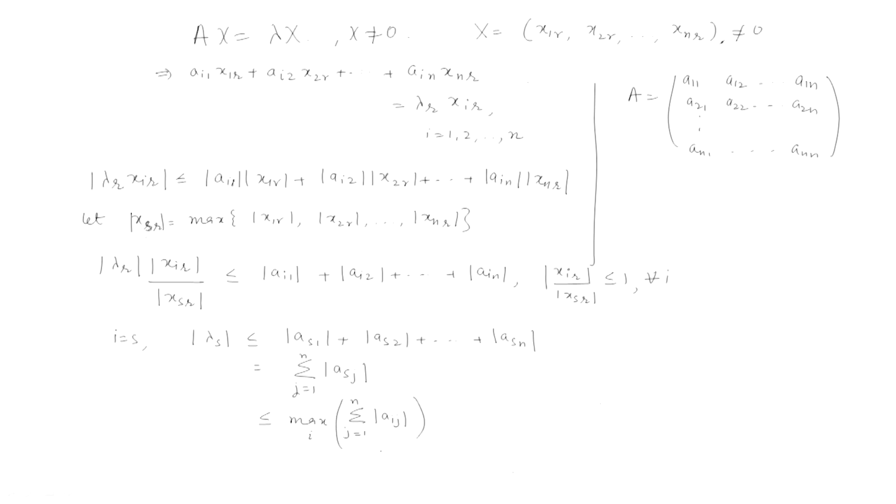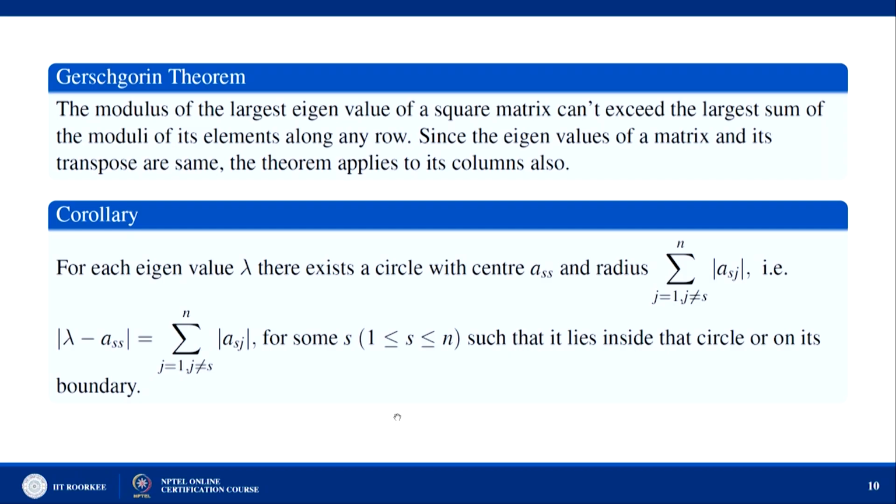It means the sum of the moduli of the rows. So, we can say that the eigenvalue of matrix A is less than or equal to the maximum of the sums of the rows. Now, we have one result based on this: for each eigenvalue lambda there exists a circle with center ass and this radius, such that lambda lies inside the circle or on its boundary.